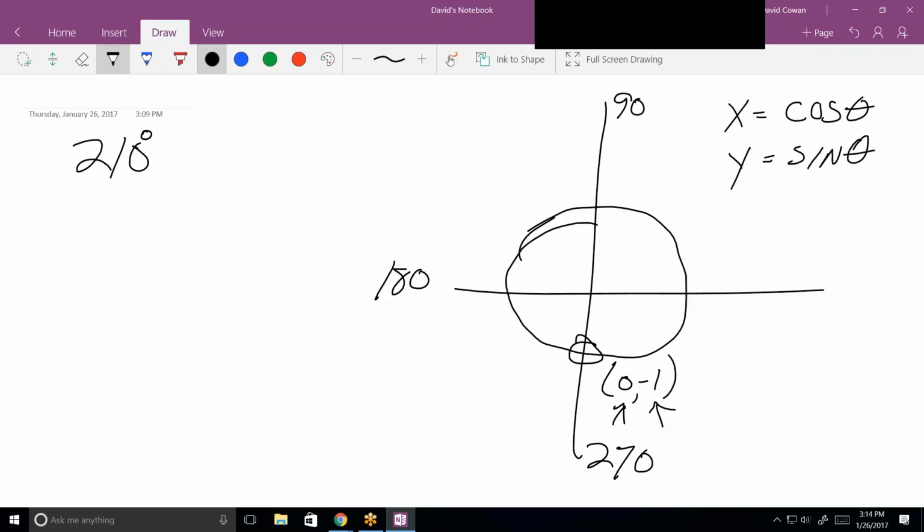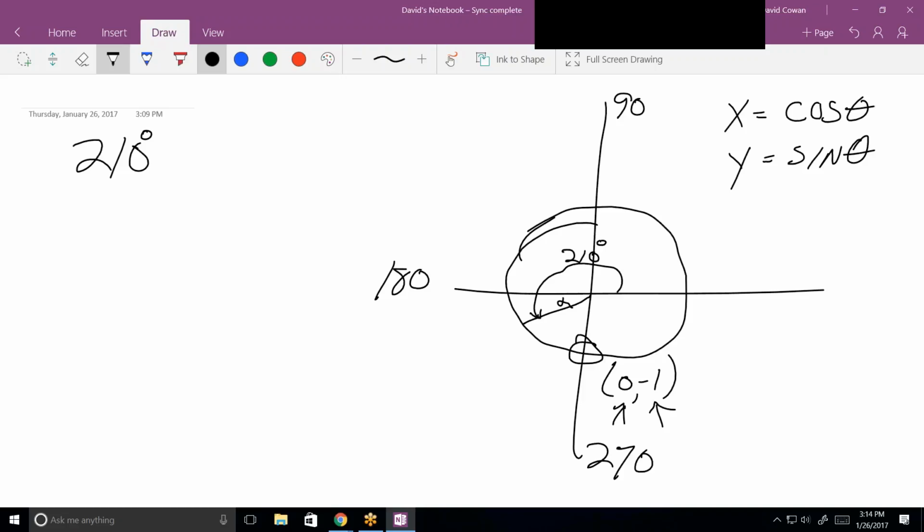The third quadrant. What they're saying is that angle there is 210 degrees. And the reference angle is always, I'm going to call it alpha. It's always the angle made with the x-axis.